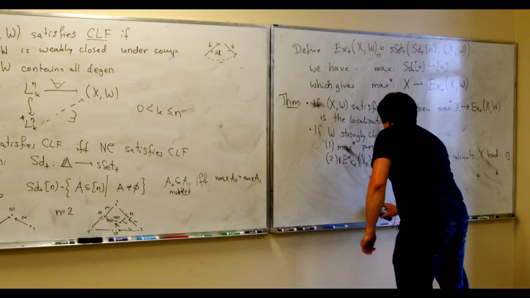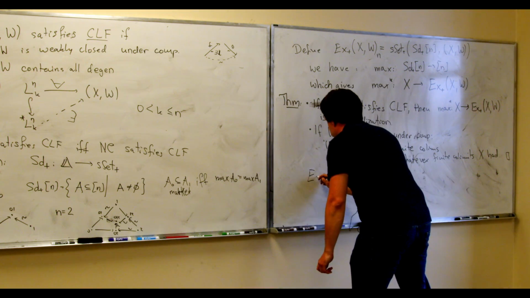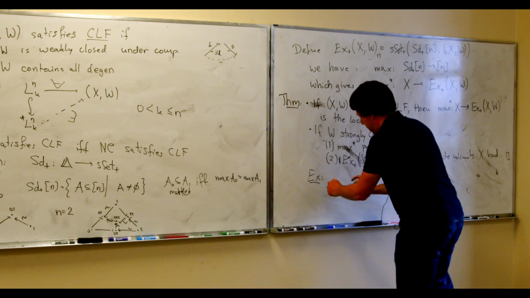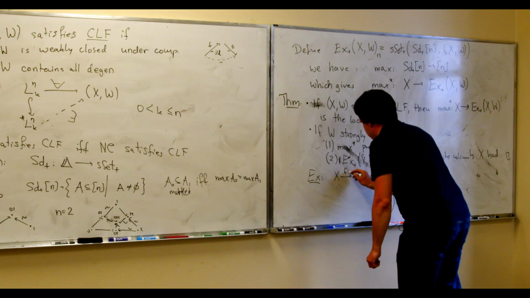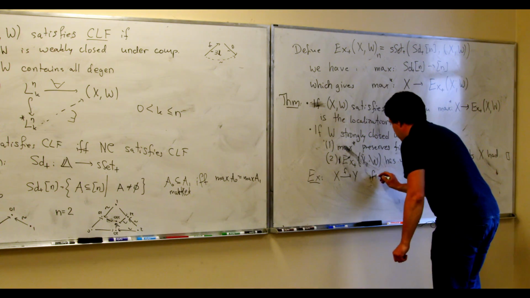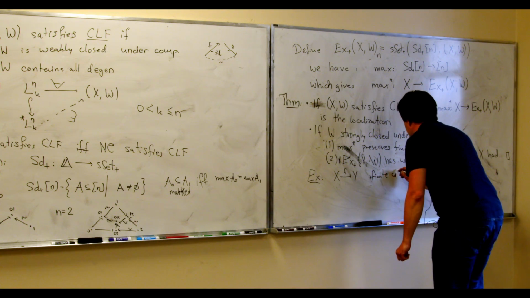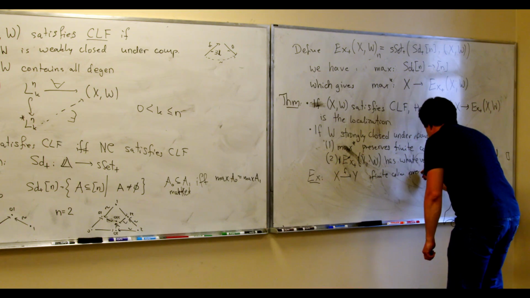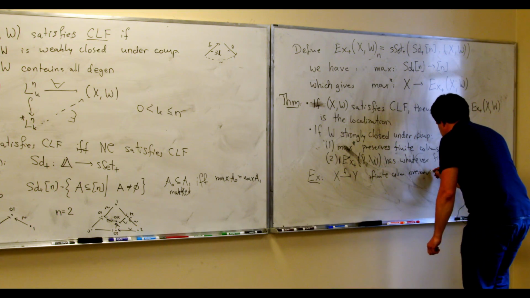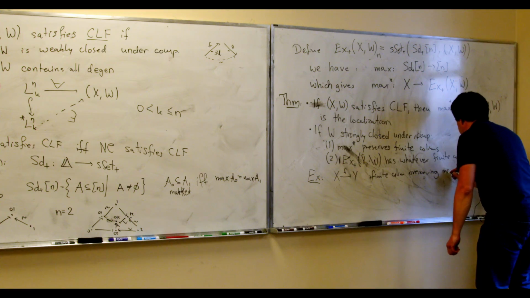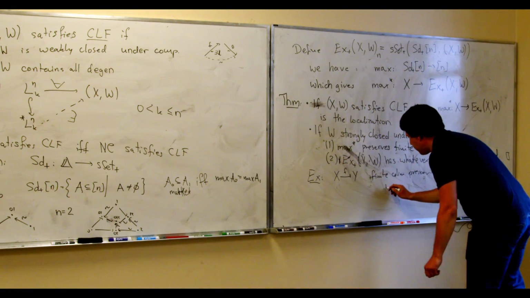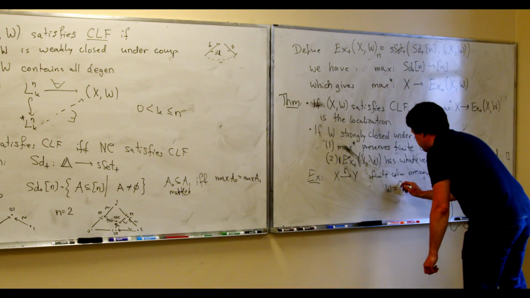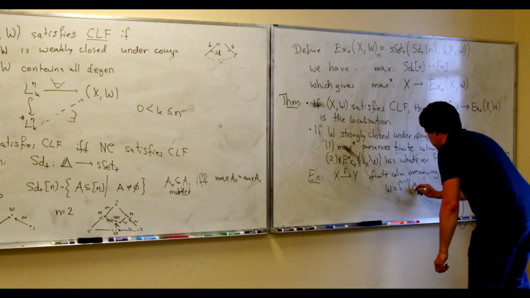So one big class of examples is if you have a finite colimit preserving functor between quasi-categories, and you define weak equivalences to be the pre-image of equivalences.